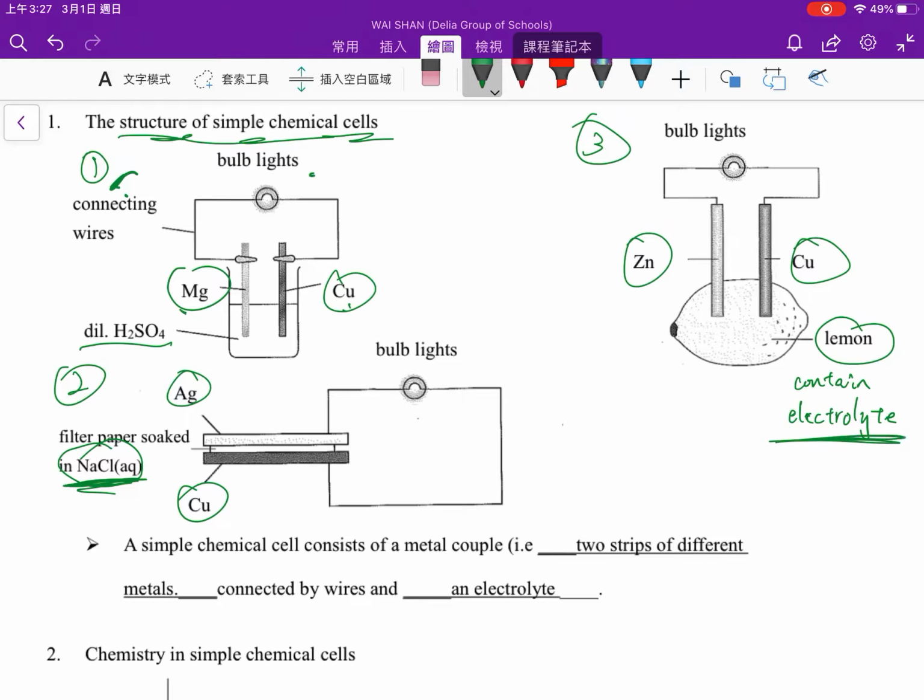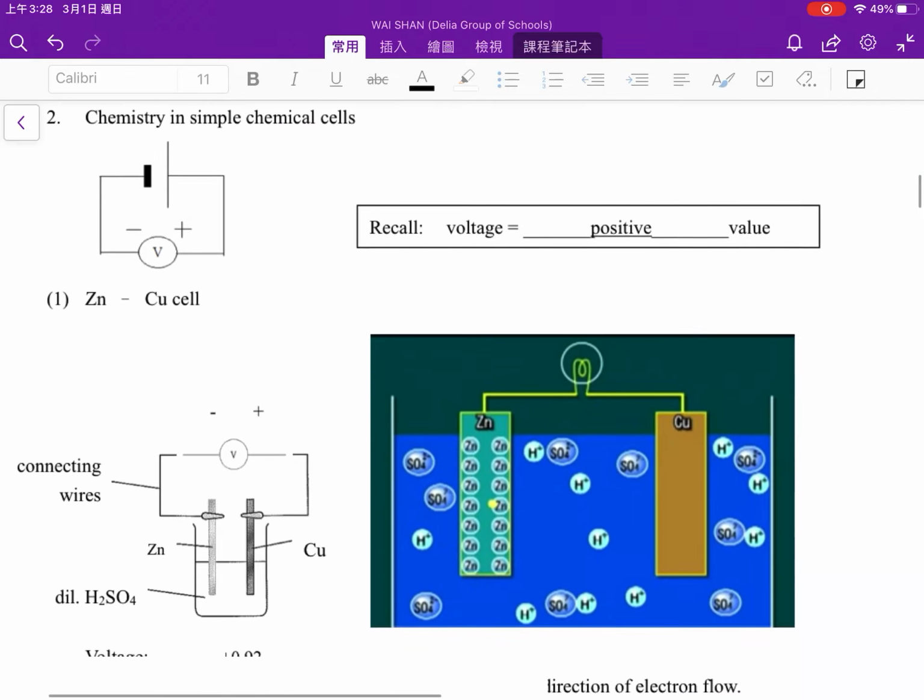Electrolyte means some solution which can conduct electricity, and also in the process of conducting electricity, there will be some chemical change taking place on it. So a simple chemical cell will consist of a metal couple. That means 2 strips of different metal and an electrolyte. This is the basic structure of a chemical cell.